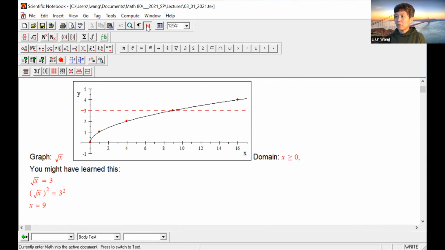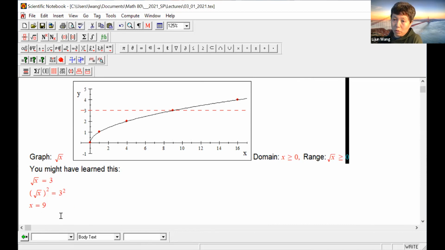Okay? And what is the range? Root x is greater than or equal to 0. So 3 is very well in the range. Therefore, you can do this all right. But there will be scenarios you do the same thing, you're going to get ridiculous answers.